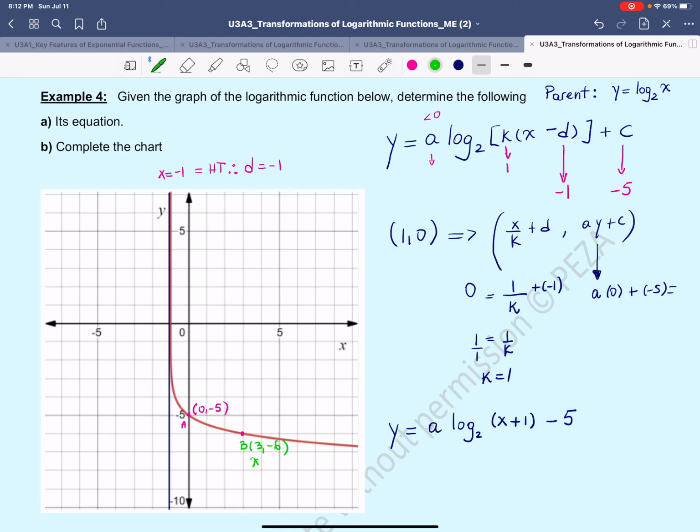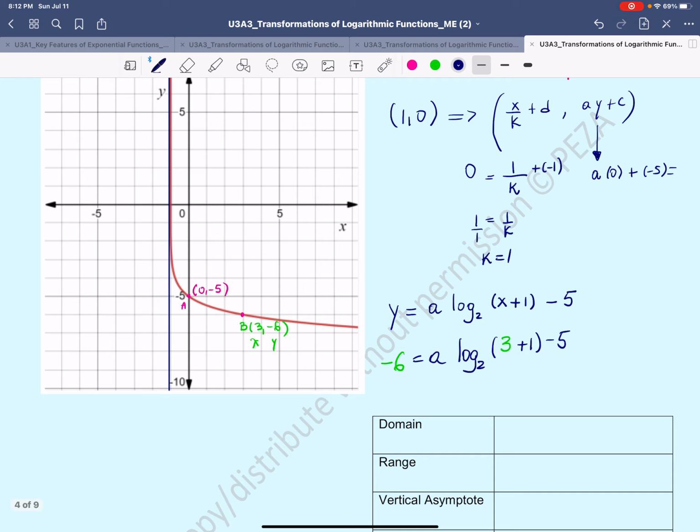So with an x of 3 and y at -6, I will revisit the function again, and I will search for a. So here we have 3 plus 1 minus 5. Let's check and see what happens here. We have -6 equals a log with base 2 of number 4 minus 5.